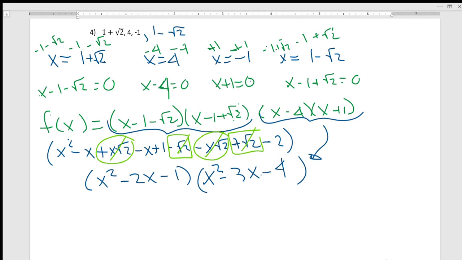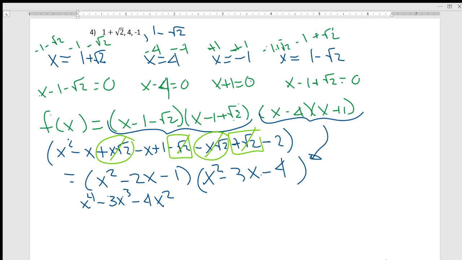We have one last step to multiply this out, and that is to multiply these two trinomials. We do that, again, by distributing each of the three terms in the first parentheses to each of the three terms in the second. So that will leave us with x to the fourth minus 3x to the third minus 4x squared.